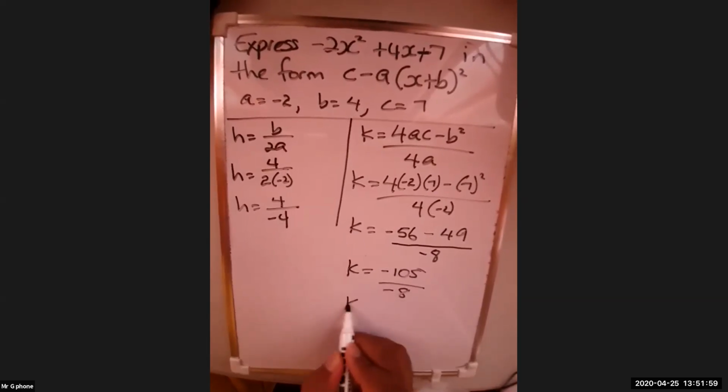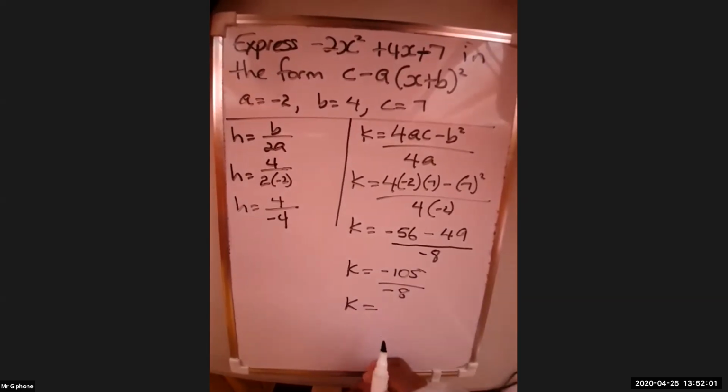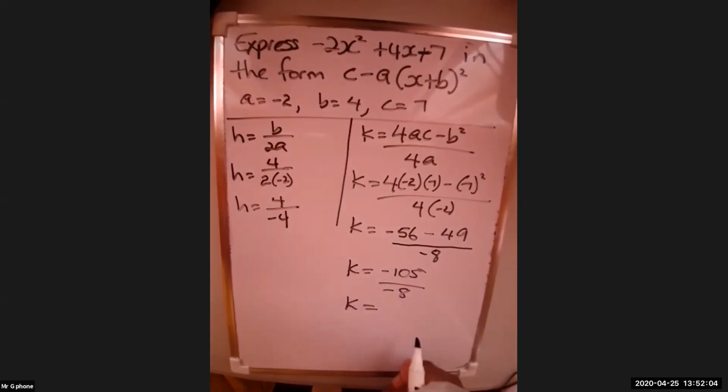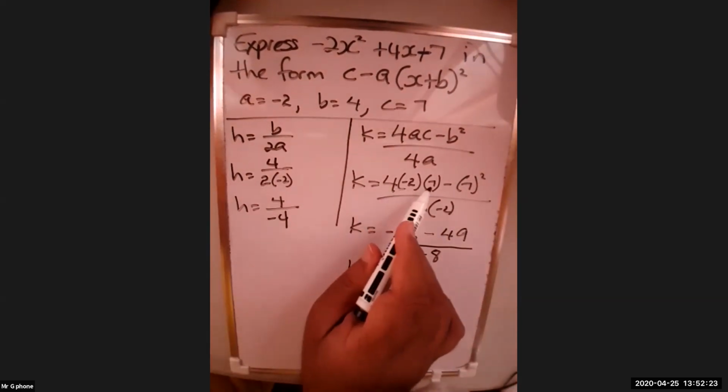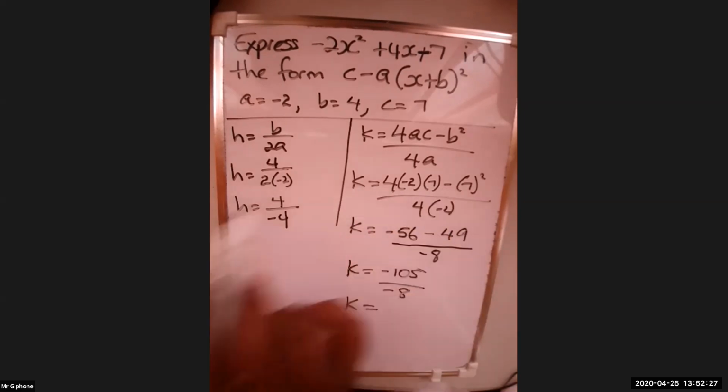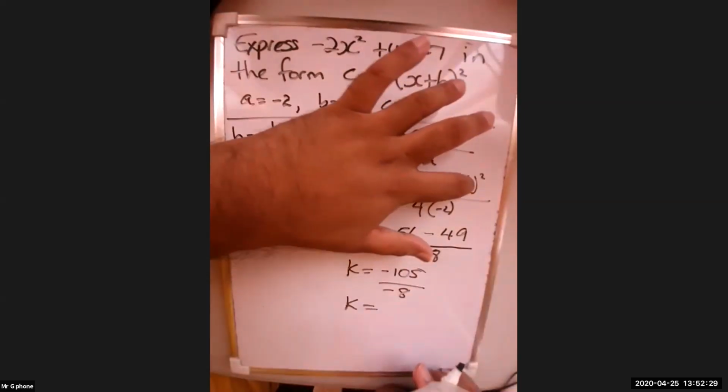So K is equal to -105 all over -8. Negatives will cancel. So K would be 105 divided by 8, okay, is this correct? Something wrong, hold on. 4A is -2, C is 7, minus B, oh, B is not 7.